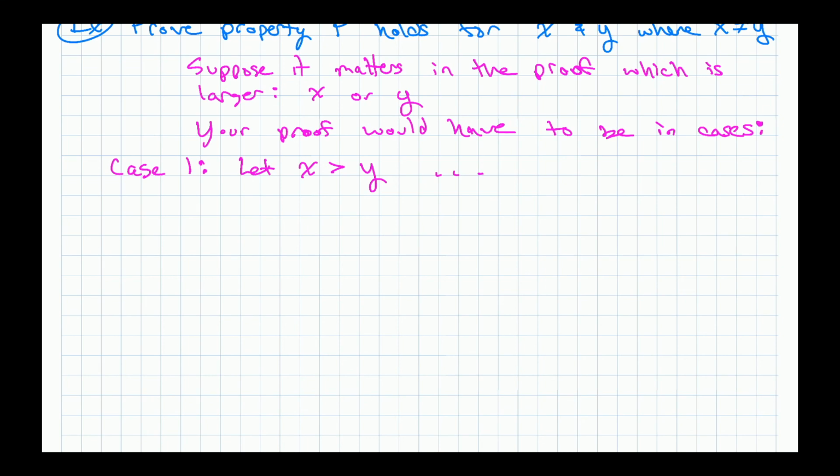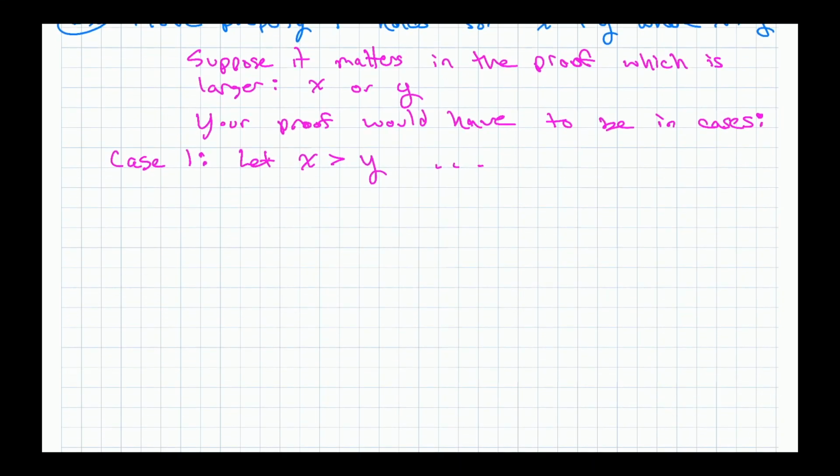And then blah, blah, blah, you do your proof, right? And then you would also have case two: let Y be greater than X. And then you do your proof. But wouldn't those two cases probably be exactly the same? There's nothing special about X and nothing special about Y. It's just that for whatever reason, you need to know which one's bigger in order to complete your proof. Then you're really just writing the same exact proof twice.